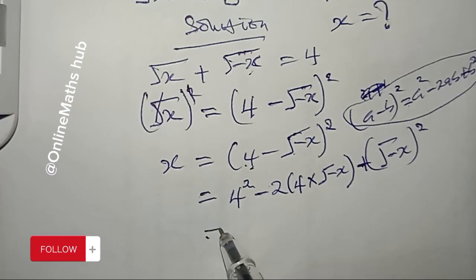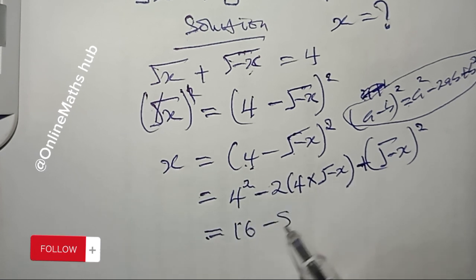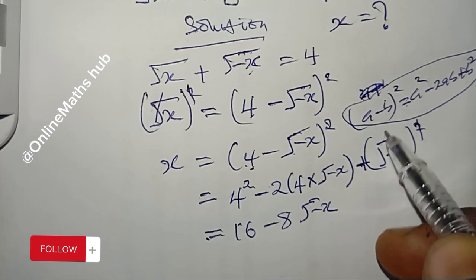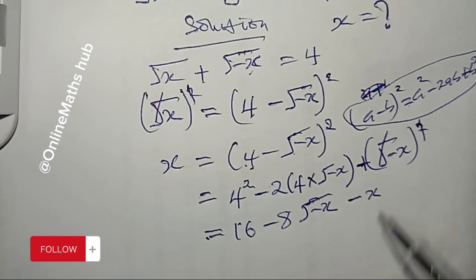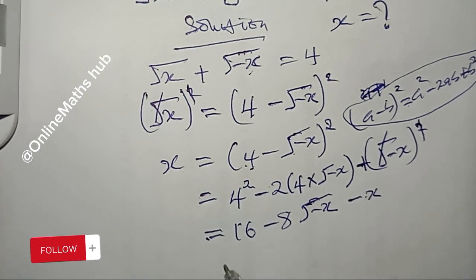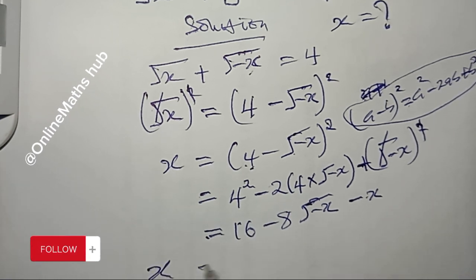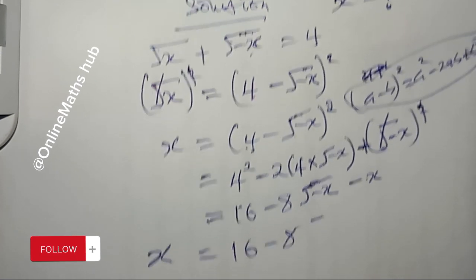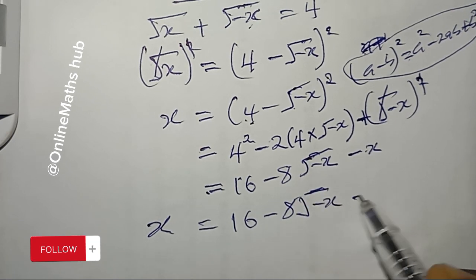Simplifying further, this is equal to 16 minus 8 root negative x, and then the square root and the square cancel, so negative x will remain. Now moving forward, you can see that x is equal to 16 minus 8 root negative x, and then minus x.